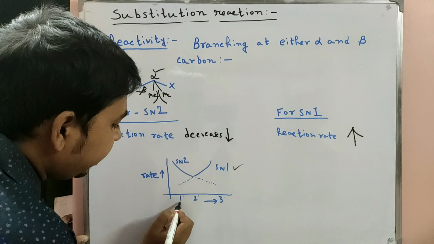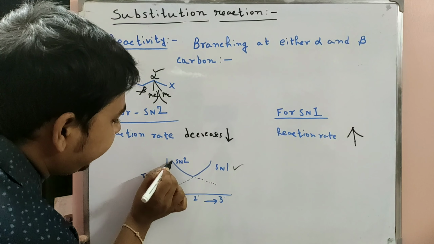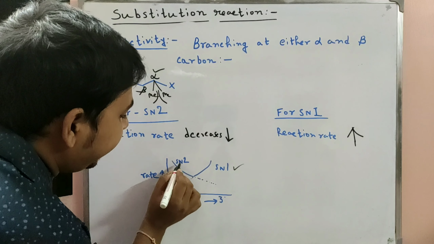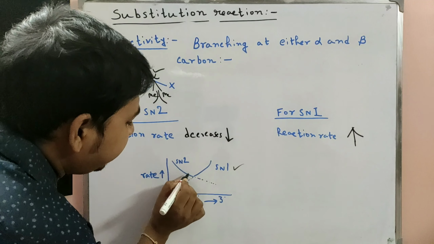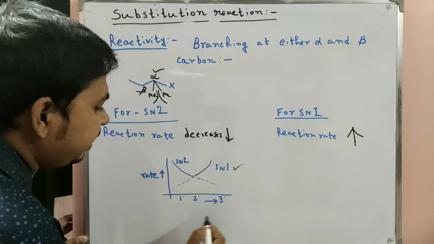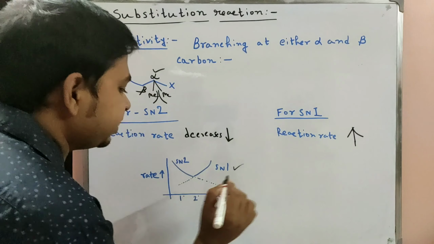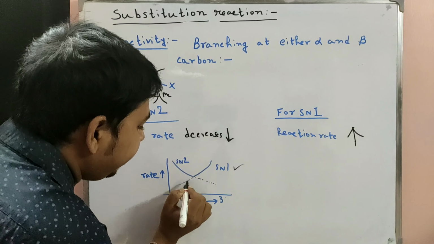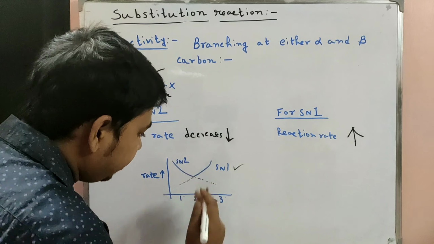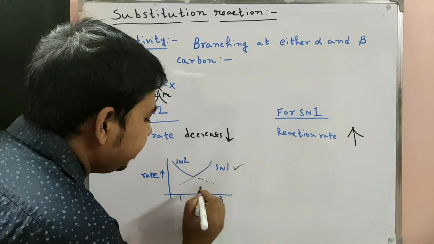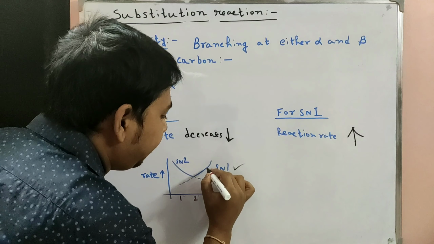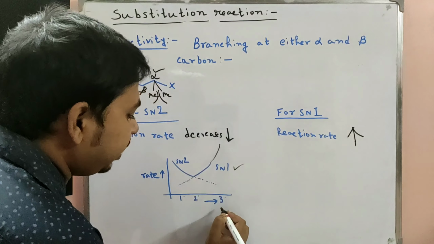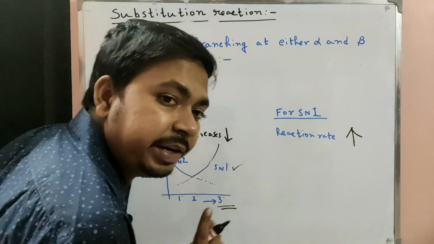When the substrate is 1 degree, the SN2 reaction rate is high, at 2 degree the SN2 rate decreases, and at 3 degree the SN2 rate almost vanishes. But in the SN1 reaction, at 1 degree the reaction rate is low, at 2 degree it increases, and at 3 degree the rate is completely increased. So the SN1 reaction is based on the 3 degree carbocation.